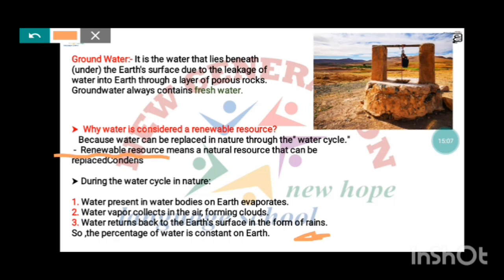Number 2, water vapor collects in the air, forming clouds. Number 3, water returns back to Earth's surface in the form of rains. So the percentage of water is constant on Earth.